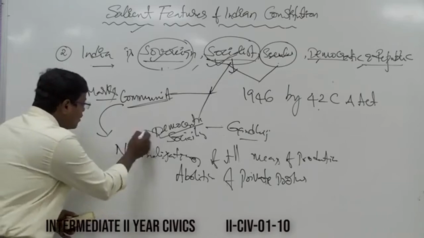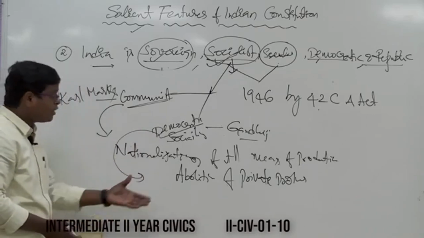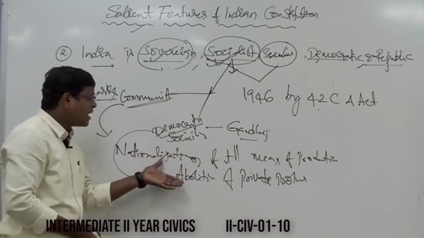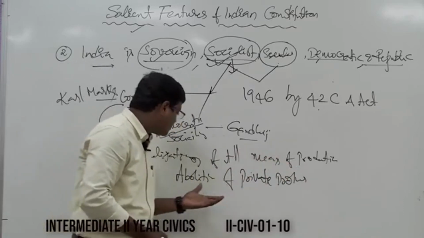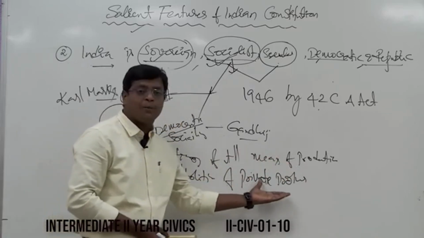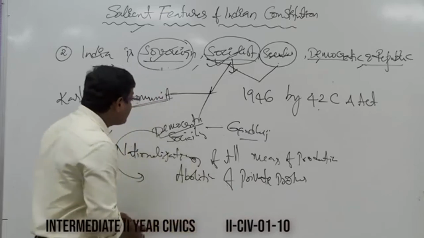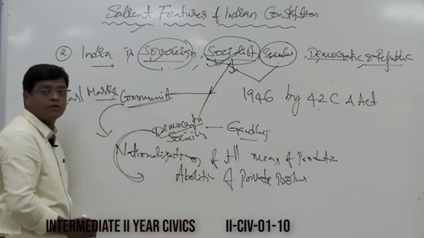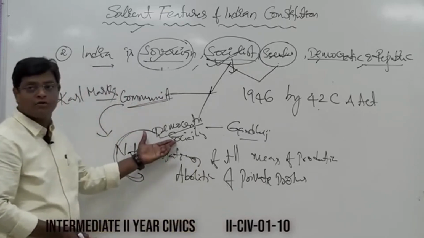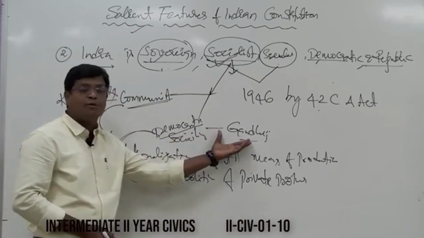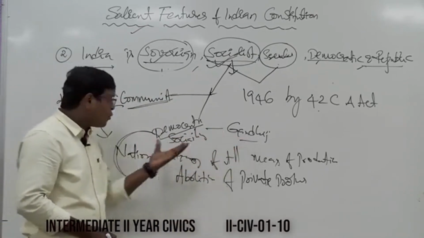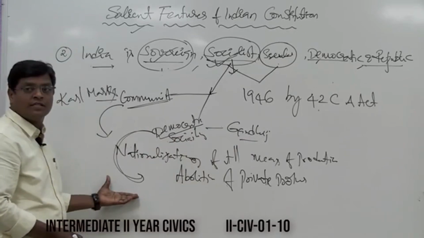Whereas in the democratic point of view, we have not followed nationalization of all the means of production and the abolition of private property in India. We adopted the democratic form of socialism, which is influenced by Mahatma Gandhi. So what is meant by the democratic form of socialism?